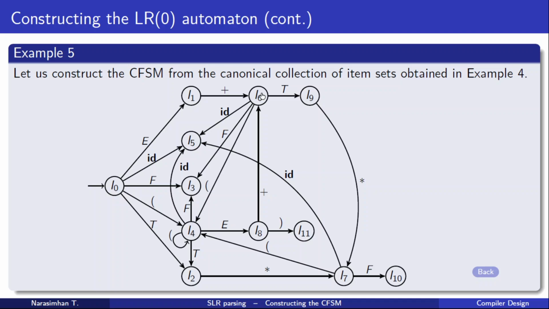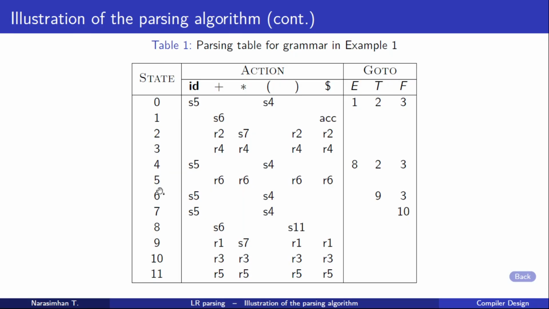I6 comma ID takes you to I5. So the corresponding entry should be S5. So 6 on ID, it was I5, so write it as S5. 6 on left parenthesis, the next state was I4, so write it as S4.